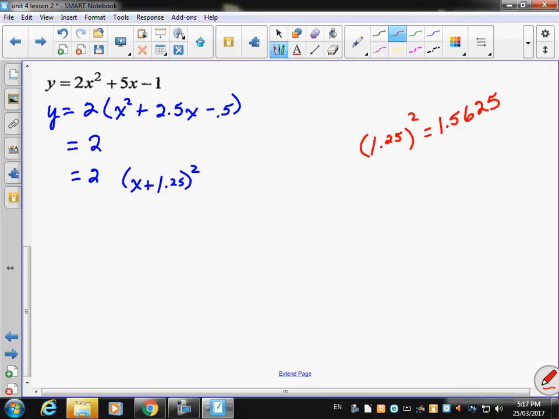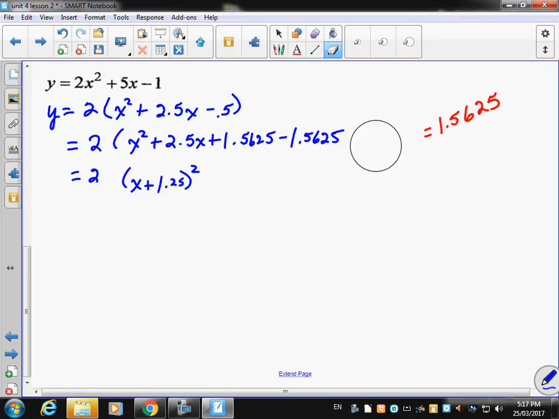Okay, here we go. My second line, or my third line, I guess, whatever. X squared plus 2.5x plus 1.5625 subtract 1.5625. Don't forget the negative 0.5 that we had before. Okay, line 1, line 2, line 3.